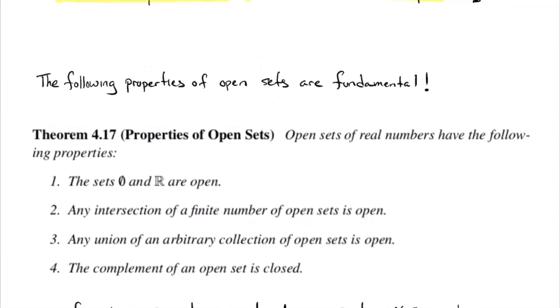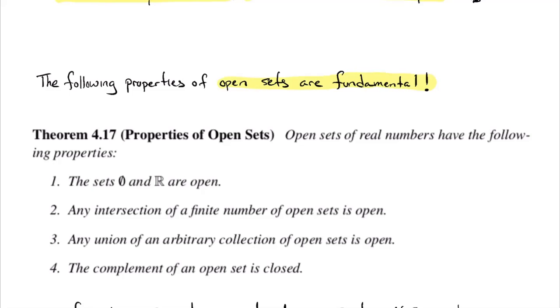The next theorem I want to look at is some properties of open sets. These properties are fundamental in the sense that you want to be very familiar with them, know them well. Not all of them are new, but they're getting listed here just to emphasize their importance, if nothing else. If you're interested in this abstract idea of topology, these properties of open sets actually become axioms when you talk about more abstract topologies on other sets, but we won't talk about that in this course.